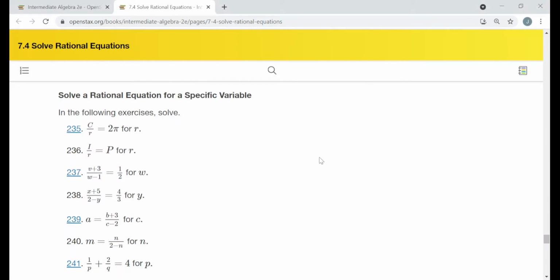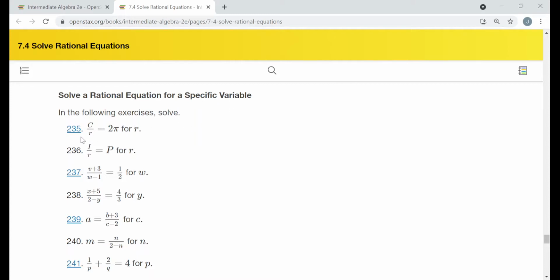Now, each of the examples in this video are taken from a free online textbook at openstax.org. This book is their Intermediate Algebra 2nd edition. I'm in section 7.4, titled Solve Rational Equations. And I'm going to be doing exercises under this heading, Solve a Rational Equation for a Specific Variable.